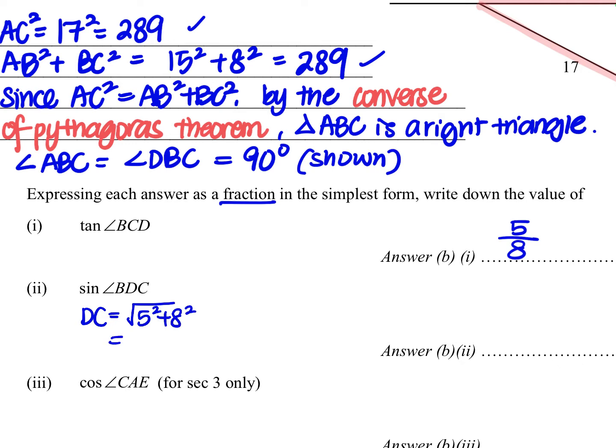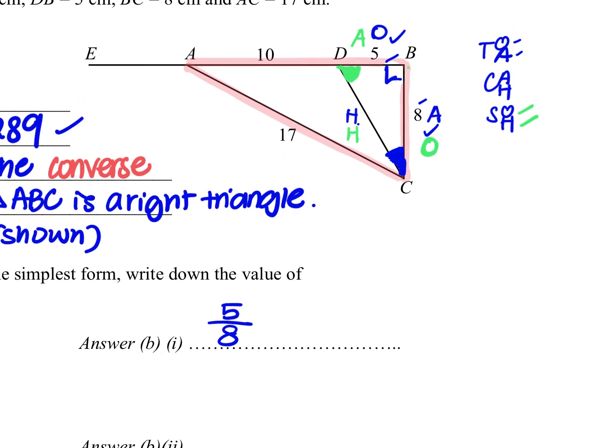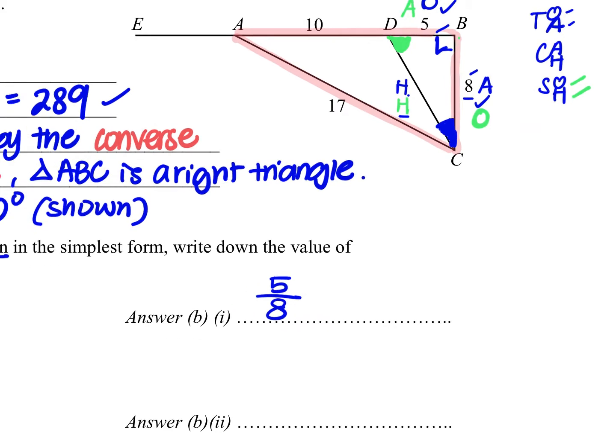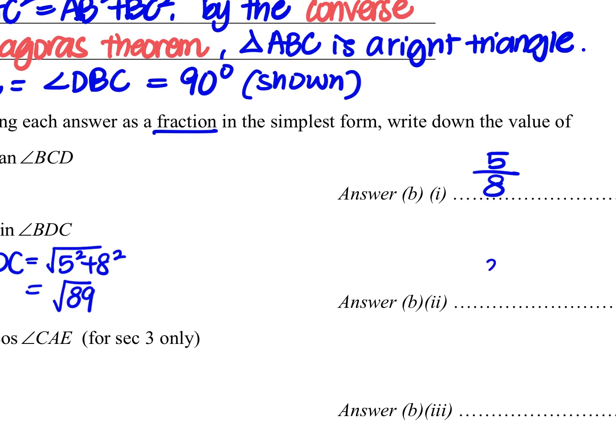So if the number is not exact, we should leave it in square root form. 5 squared plus 8 squared is 89. So this will be square root of 89. I'm going to leave it like that. Then sine of the angle is opposite over hypotenuse. So it's 8 over square root of 89.